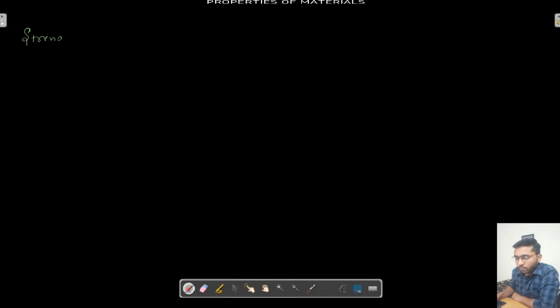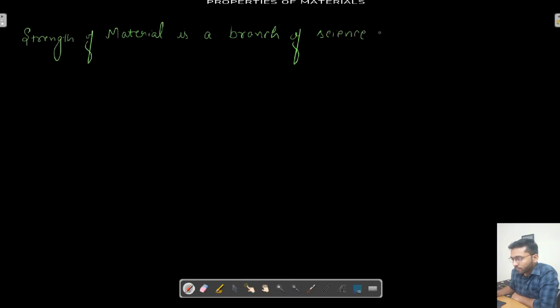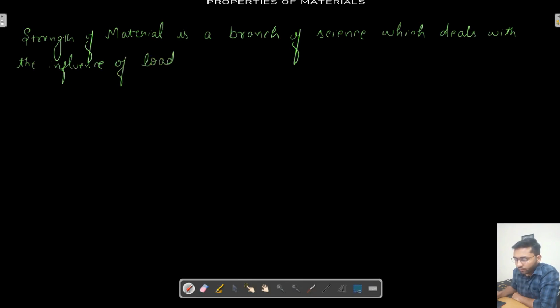Strength of material is a branch of science which deals with the influence of loading. It is a branch of science which deals with the influence of loading on the deformable bodies.